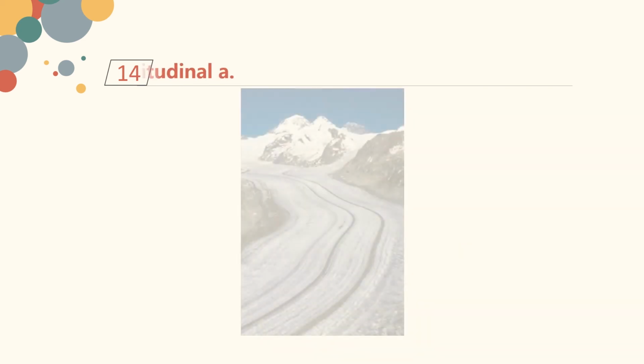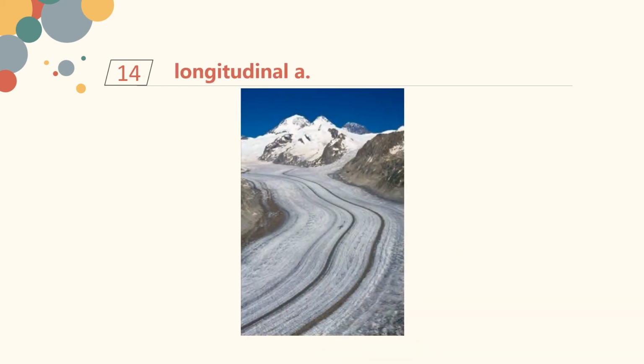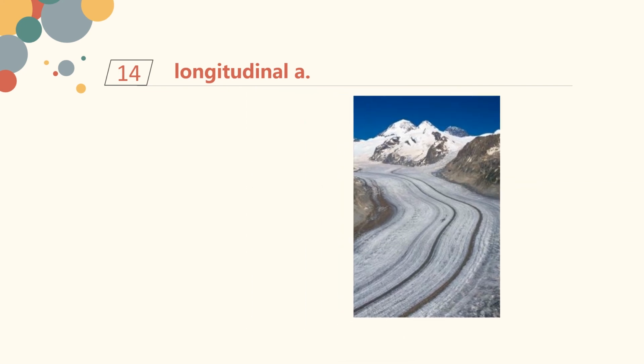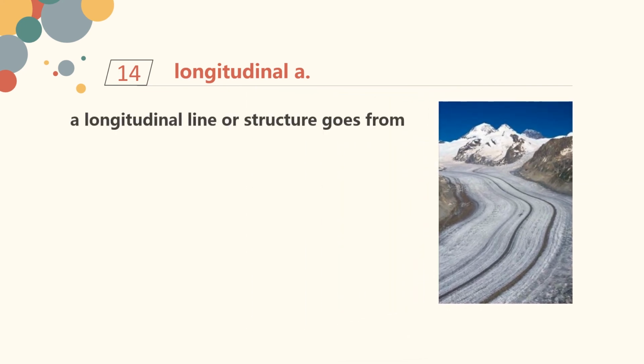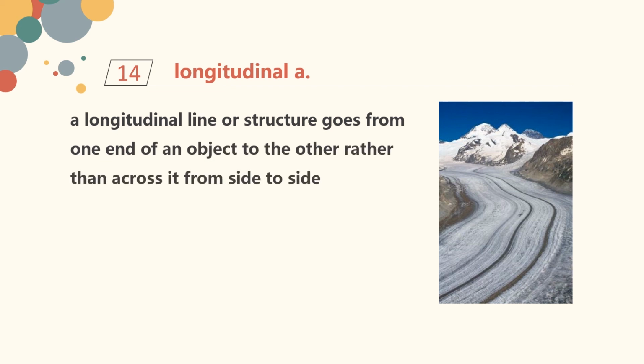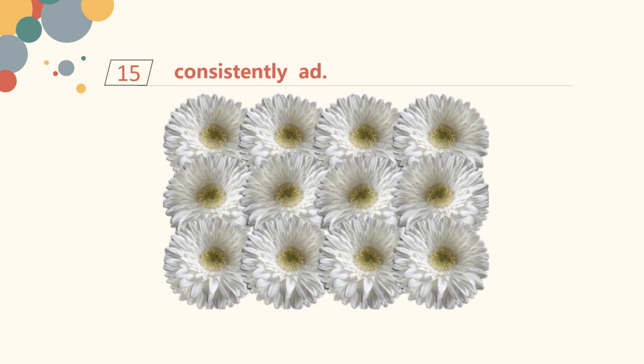Number 14. Longitudinal. A longitudinal line or structure goes from one end of an object to the other rather than across it from side to side. Number 15. Consistently, in a systematic or consistent manner.